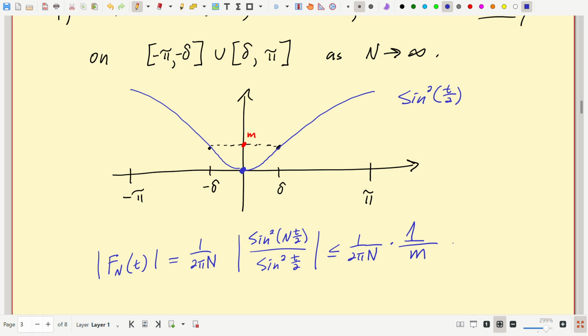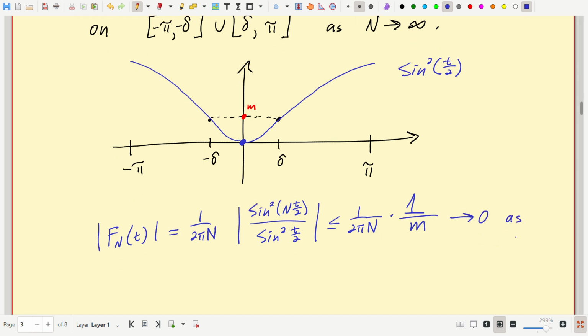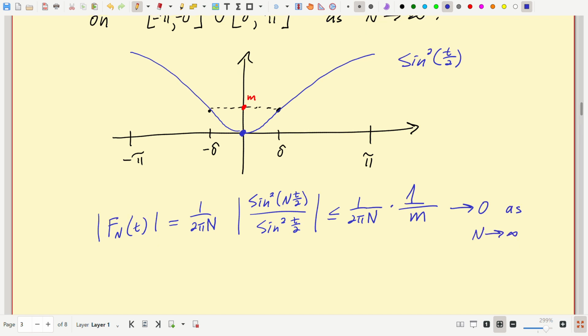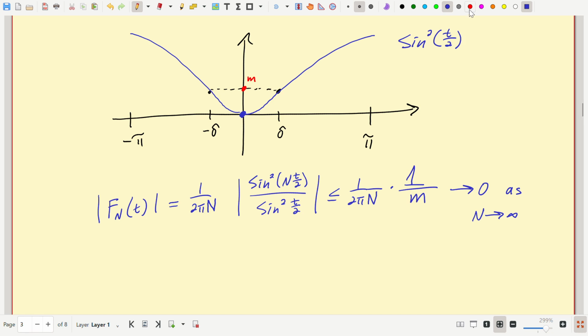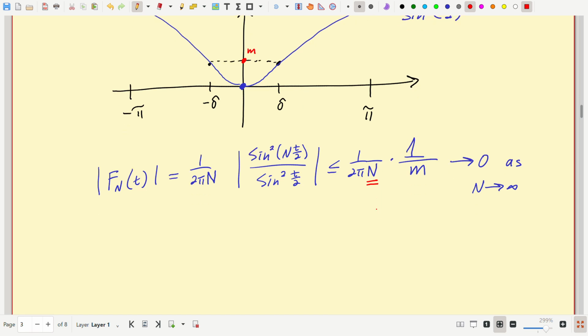And of course that goes to 0 as n goes to infinity. And the important thing is because of this m right here. That wasn't there for the Dirichlet kernel. And that goes to 0 as n goes to infinity.